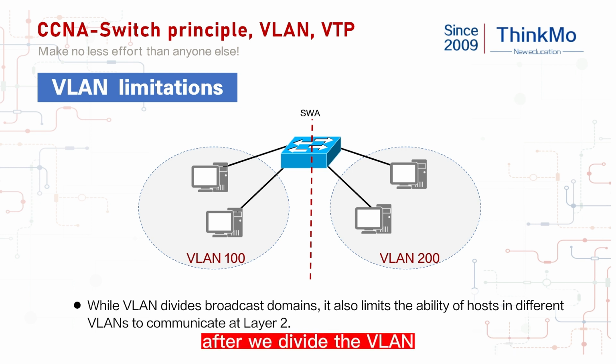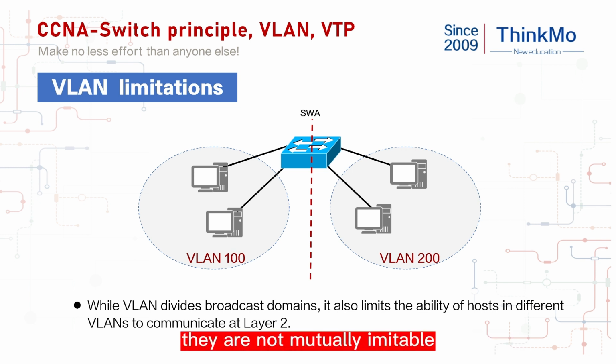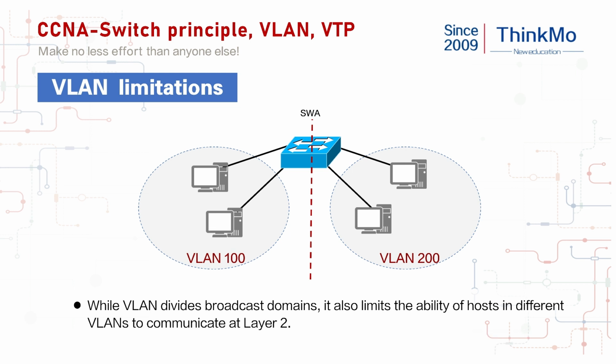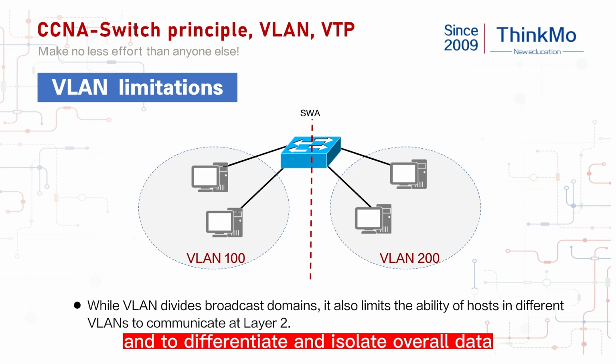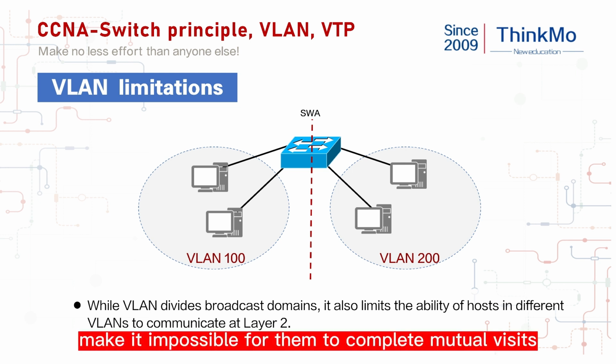After we divide hosts into different VLANs, there is no way for them to communicate with each other at the second layer. So as I just told you, for the entire VLAN, it is more about wanting to isolate broadcast traffic and to differentiate and isolate overall data. For example, for different departments, I can rely on VLANs to differentiate different traffic and make it impossible for them to access each other.